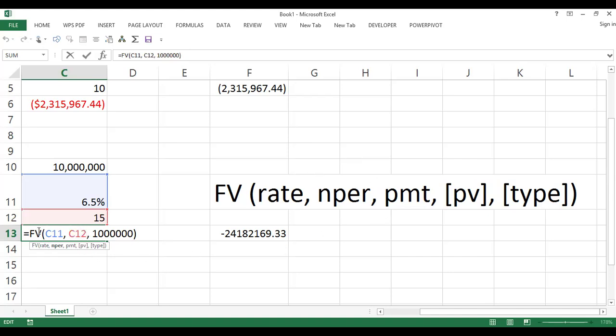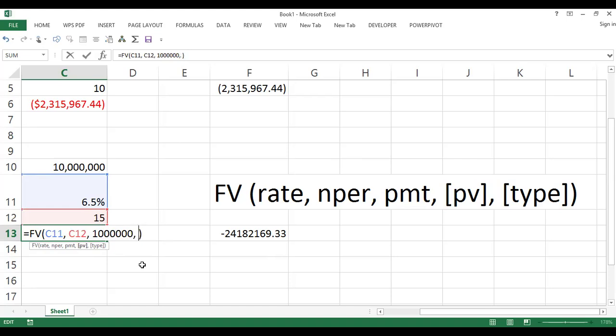If I do this, I just specify the rate, the number of periods, and PMT, which means I didn't specify anything else. And that's the same thing as saying that PV is 0. Whether I do it like this or like this, it gives me exactly the same thing.